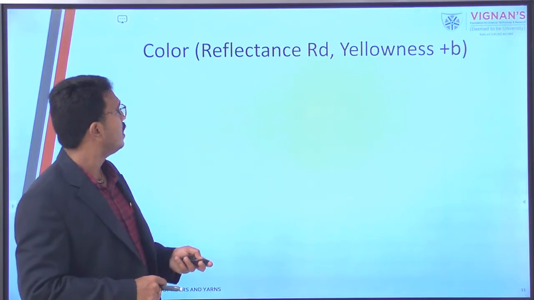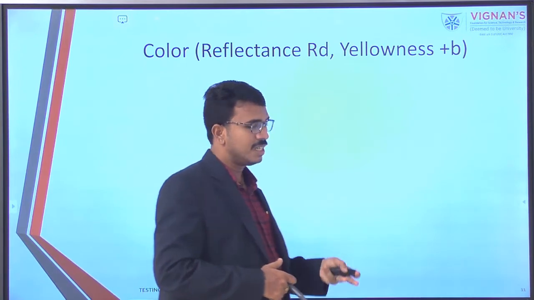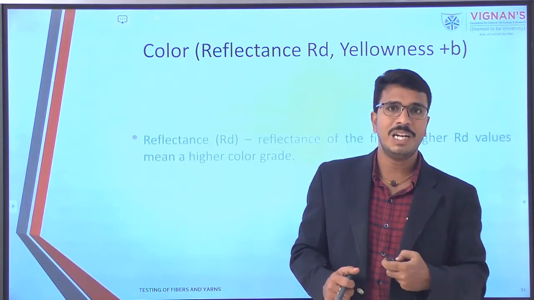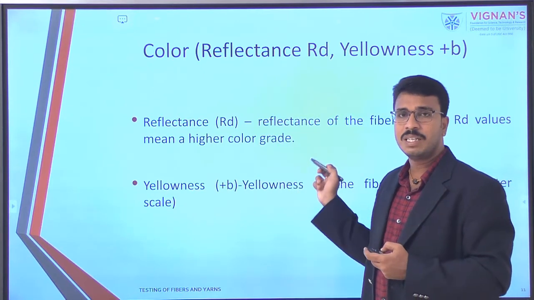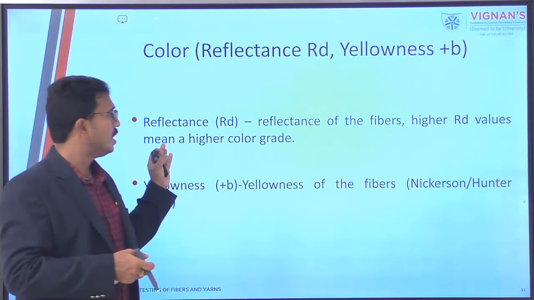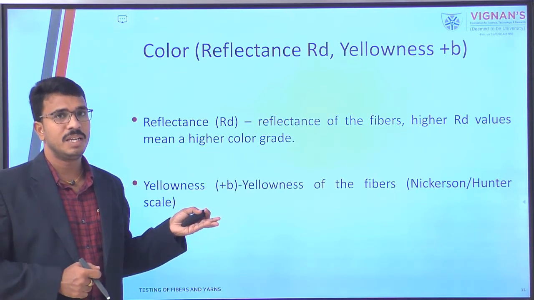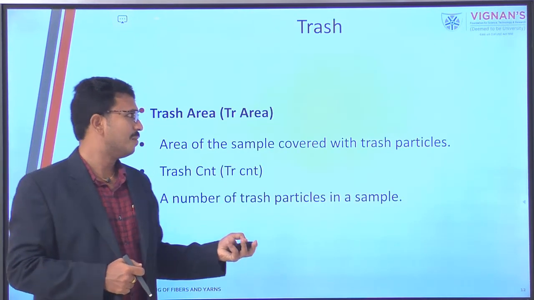And this yellowness, that is the color: reflectance, and then the yellowness value. So this Rd represents the reflectance, and if the reflectance is more, we can say that the color grade is also going to be high. And coming to plus b, it indicates the yellowness of the fibers.